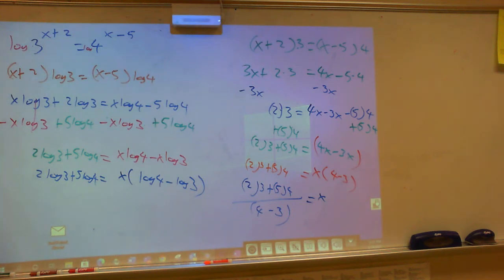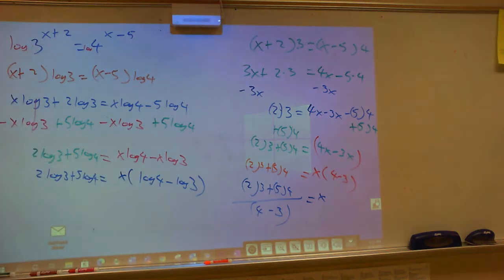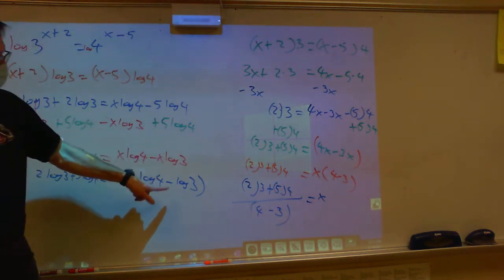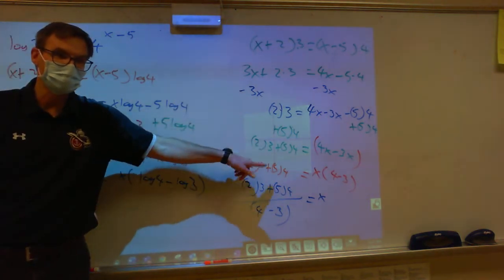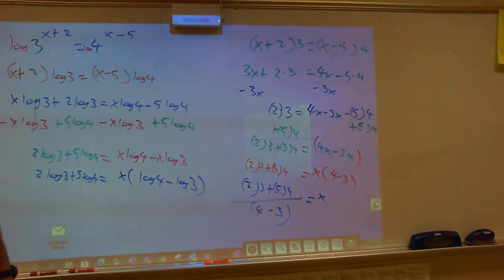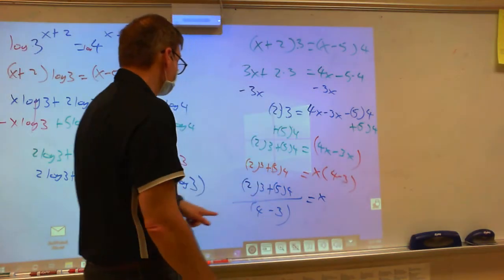Now, can we agree that this left-hand side's a number? Can we agree that this right-hand side is x times a number? How do you solve for x? Divide. Now, do you see that what we did here is exactly what we did here? How come you were able to add the 5 log 4 to the other side? It's a number. Notice I added that 5 times 4 to both sides?